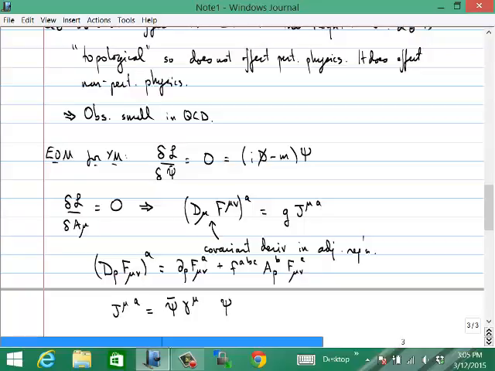In Yang-Mills theory, this just gets generalized to take into account the fact that the psi's now transform in some representation of a more complicated gauge group. And so, as you'll see on your problem set, the current takes the form psi bar gamma mu times the representation matrix T A times psi. Okay, so this is the Yang-Mills current.